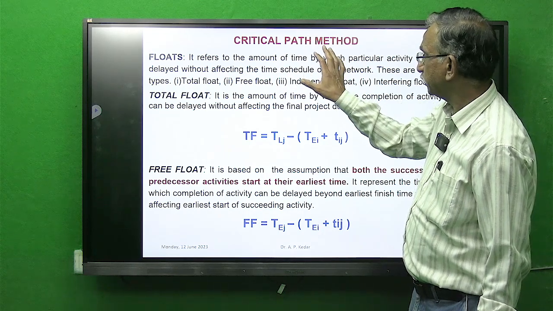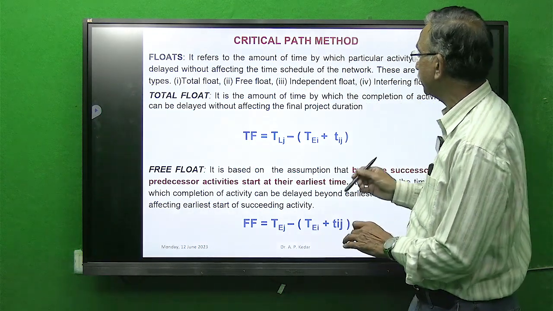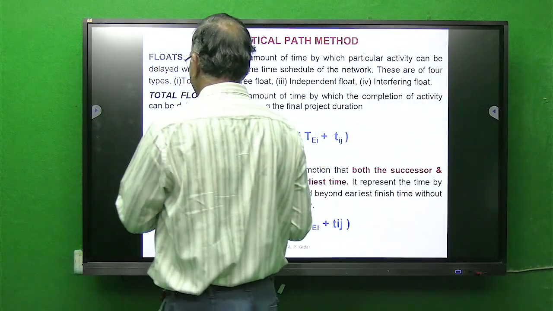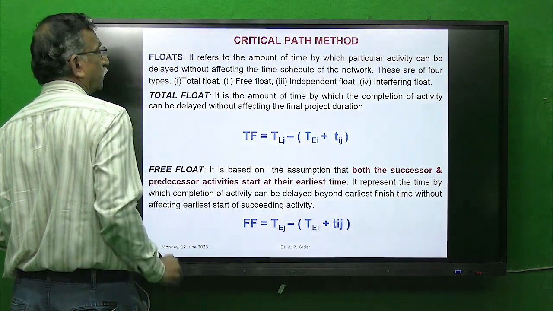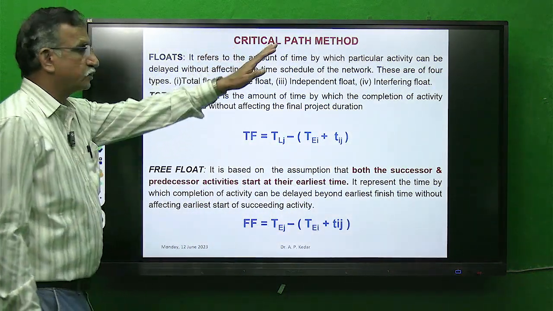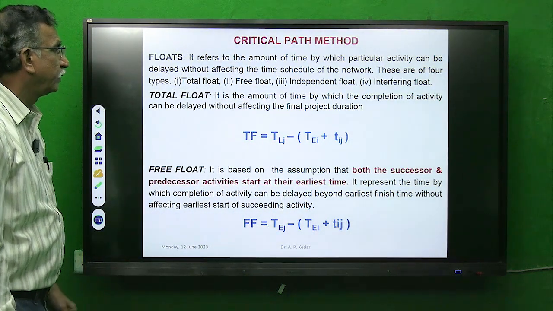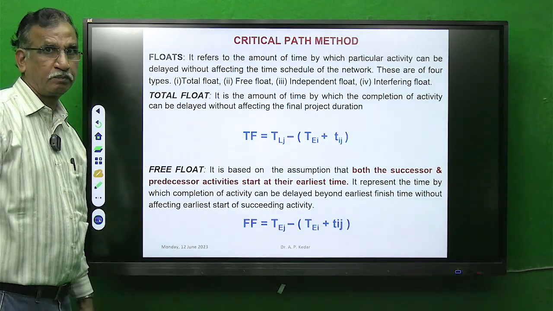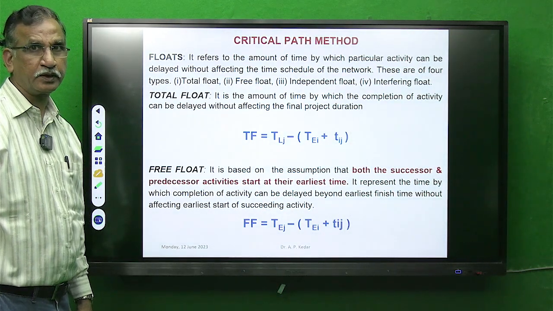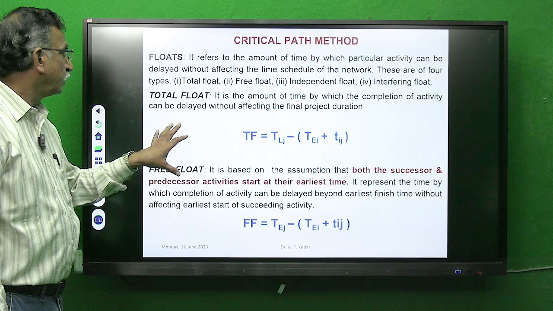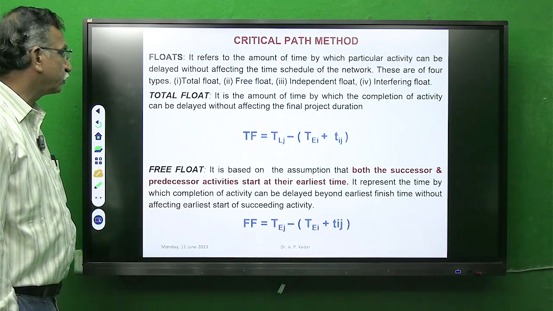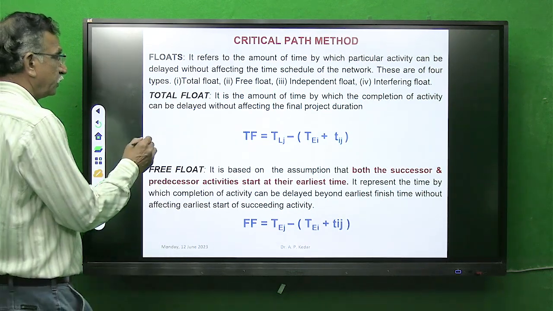This we have studied: critical path method, for finding floats, abbreviated as CPM, and PERT, program evaluation and review technique. 4 types of floats I have said.